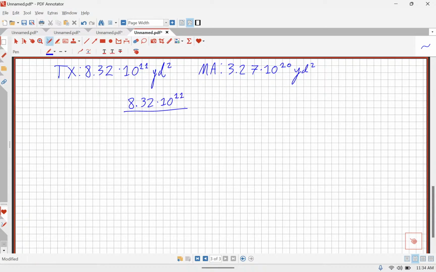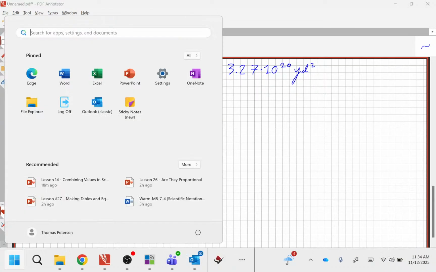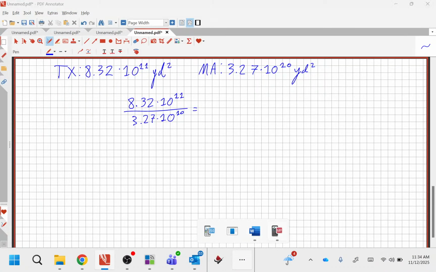That scientific notation is there to help you. 3.27 times 10 to the 10th. When I divide power expressions, what do I do with the coefficients? You divide them. And what do you do with the exponents? That's right. So we're just going to divide the coefficients.